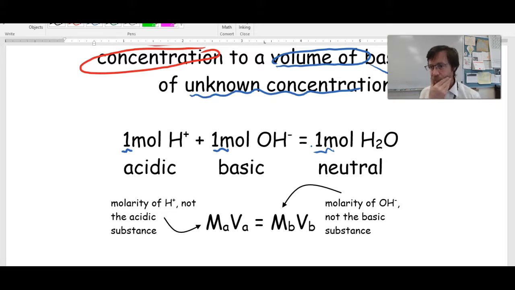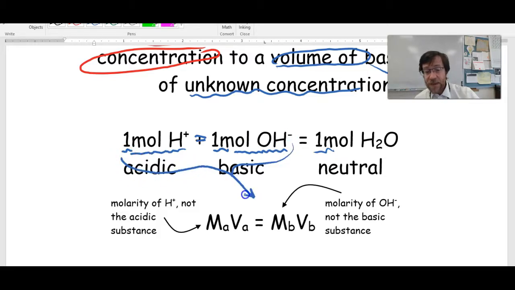It's lovely. And so this is the number of moles of hydrogen, and this is the number of moles of hydroxide. And if you notice, these are equal, right? So this idea, that the reaction is a 1-to-1 ratio, gives us the titration equation.